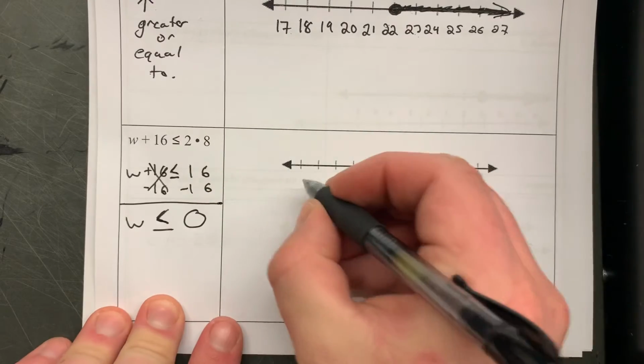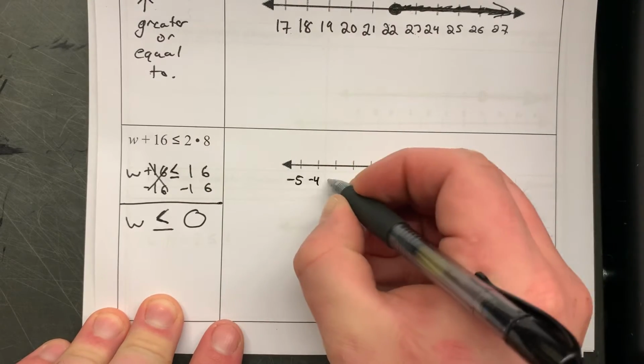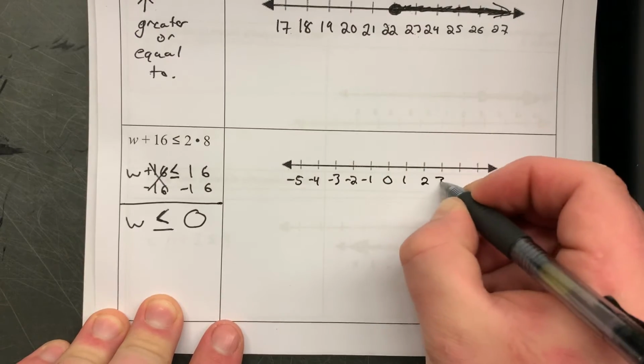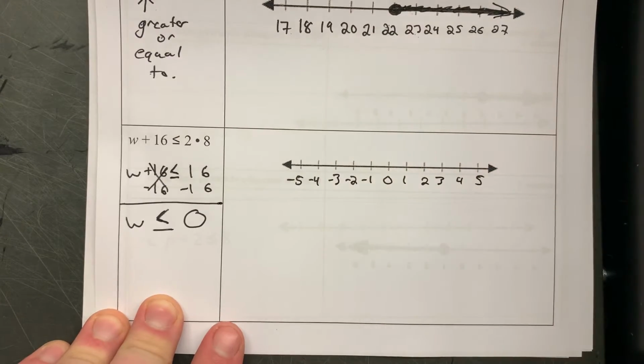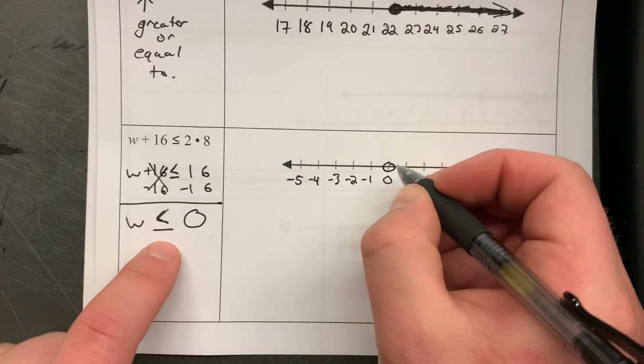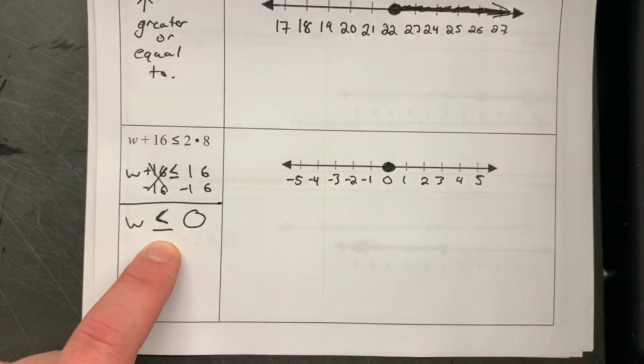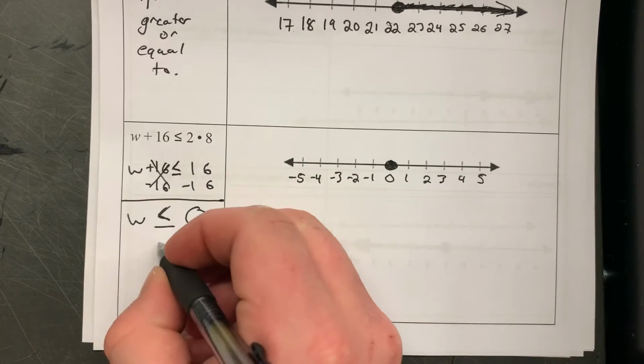We write it out on our number line here. I'll put it at my 0. I notice that it has a line underneath, so I need to include the 0 because it's less than or equal to.